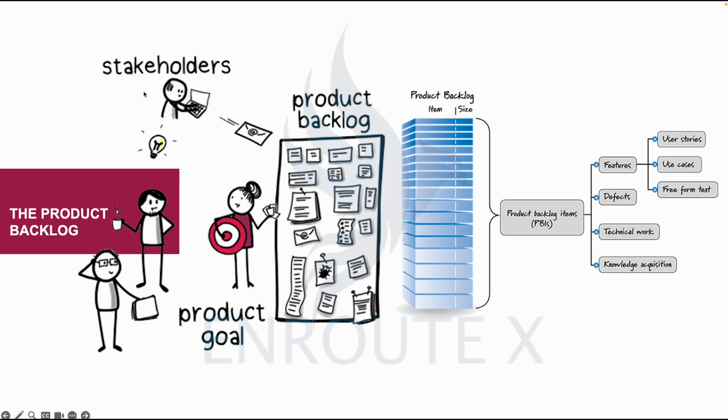And this is how they come in. The stakeholders are sending, let me get my marker, the stakeholders are sending requirements. It could come by mail, it could be by discussion. They are sending different requirements to the product owner. So this is the product owner.